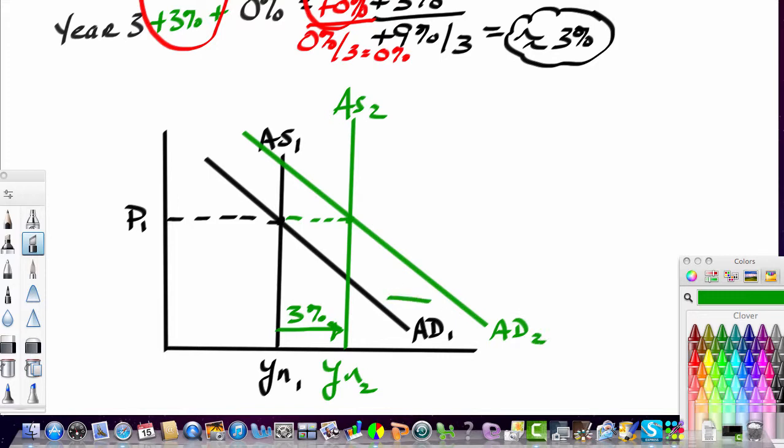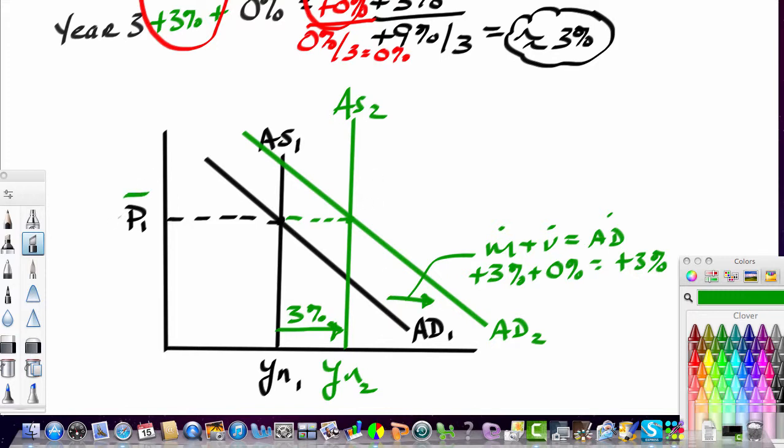So aggregate demand. Remember what aggregate demand dot is: M dot plus V dot equals aggregate demand dot. So if this is plus 3, this is plus 0, this has to be plus 3. All right, so aggregate demand is growing at roughly the same rate as aggregate supply, and what happens to prices?